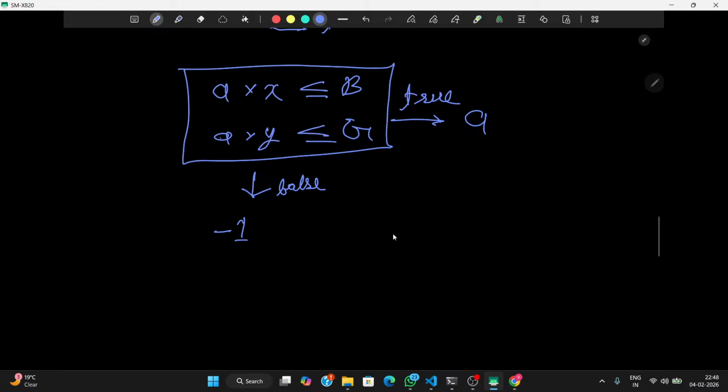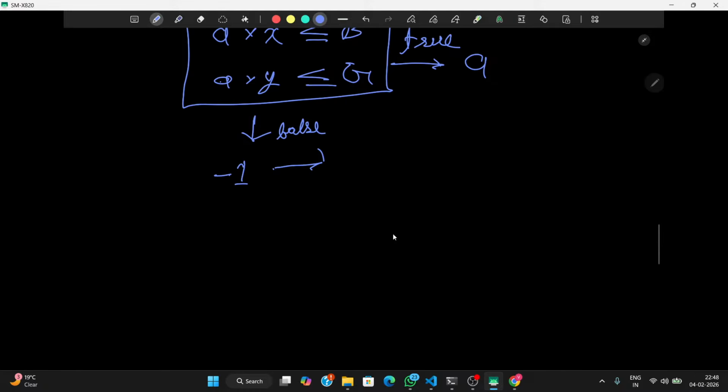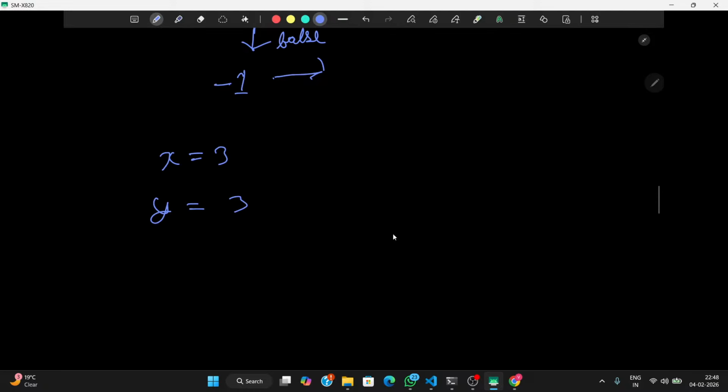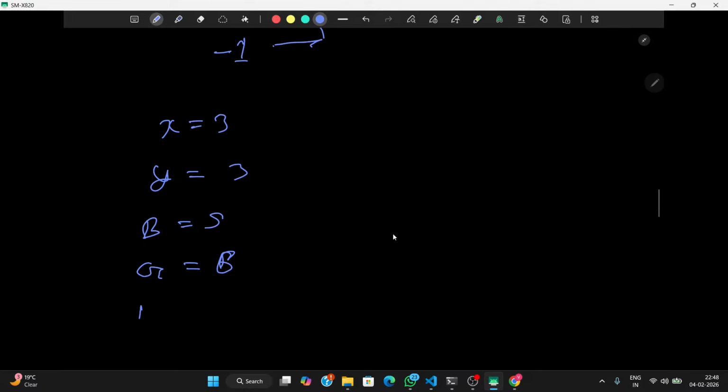To give you a visualization of why it is becoming minus one if this equation is not true, let's just consider a case where x is equal to 3 and y is also equal to 3. And let's say b is equal to 5, g is equal to 6, and n is equal to 6.